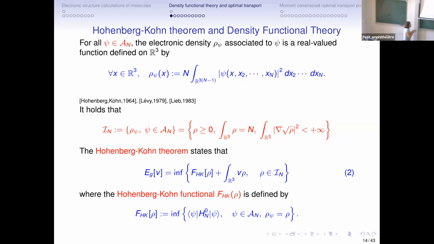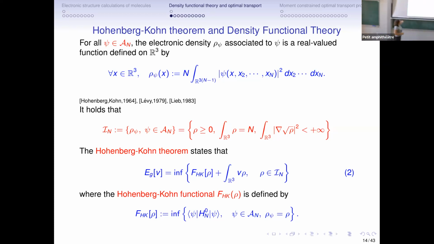And then you've got the following very nice result by Hohenberg and Kohn, which was made rigorous in mathematical terms later on, which states the following thing. Eg of V, remember, was the lowest possible energy of my state of electrons, the ground state energy of my set of electrons.